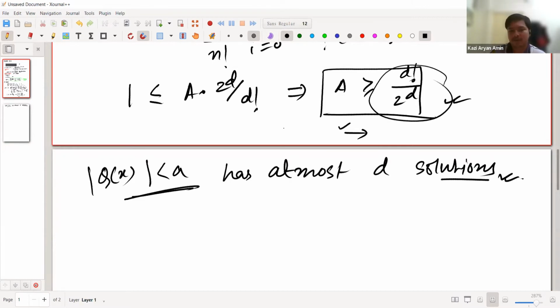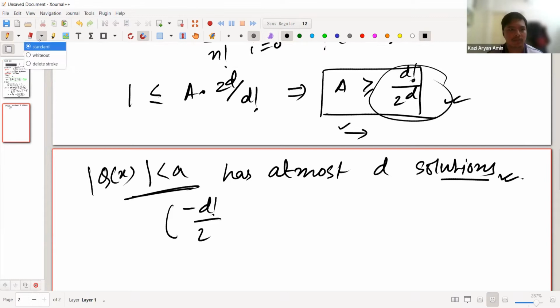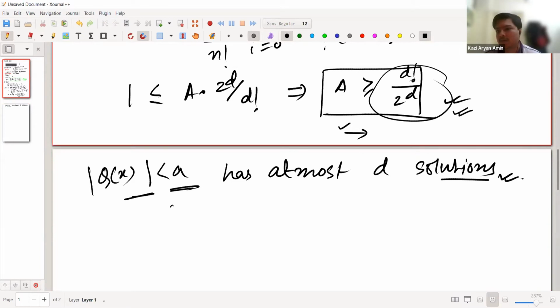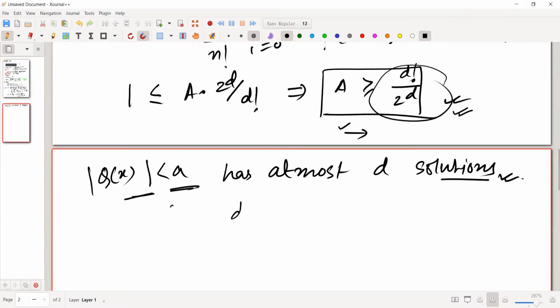So the idea is simple from here. You choose a d such that this thing is also note that this thing can get incredibly small because 2 to the power d obviously grows a lot larger than d factorial, for large enough d. So you can just take a d such that this holds.